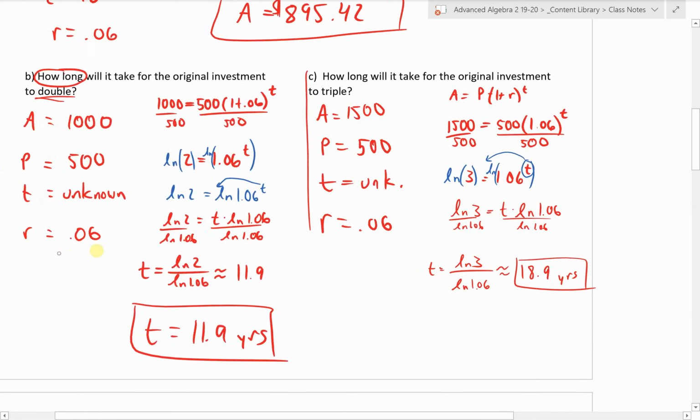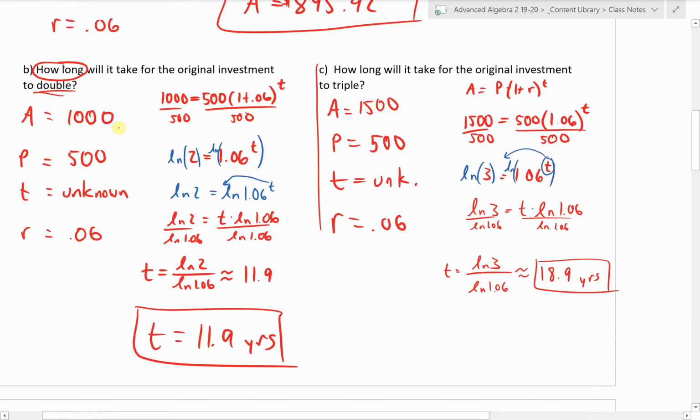So we saw that it took about 12 years for the account to grow by $500. But once I've already done that once, it only took me about another 7 years for the account to grow for the next $500. And this is exactly what exponential growth means, or sometimes we'll call it proportional growth.